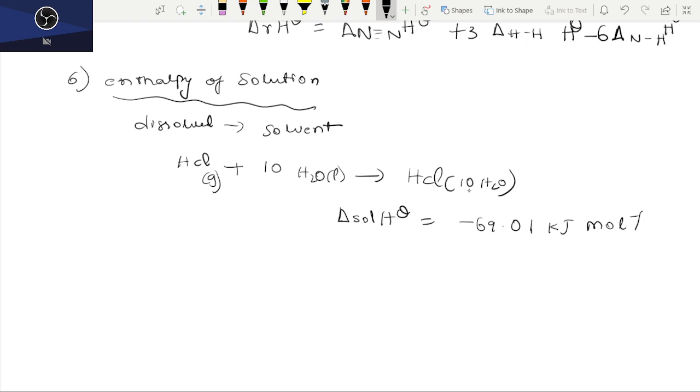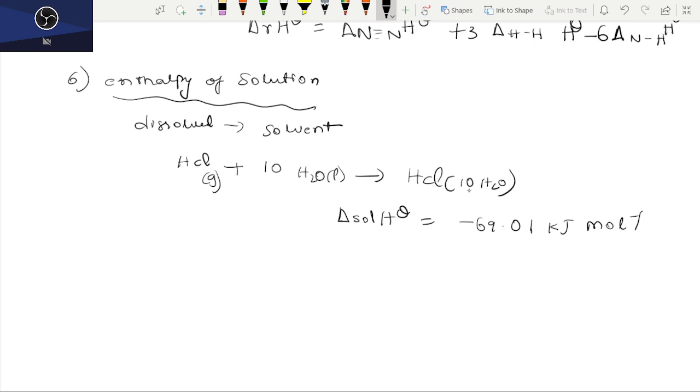Next, in the case of ionic compounds, if you carefully see, delta solution H power naught is equal to delta lattice H power naught plus delta hydration H power naught. Now the point is, if delta solution H power naught is positive, solubility increases with the rise of temperature.